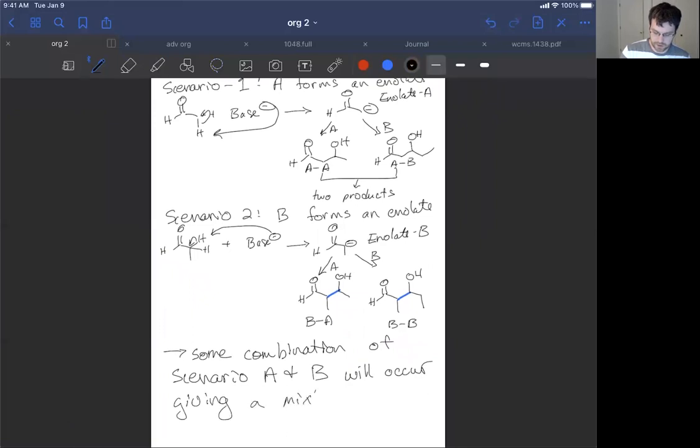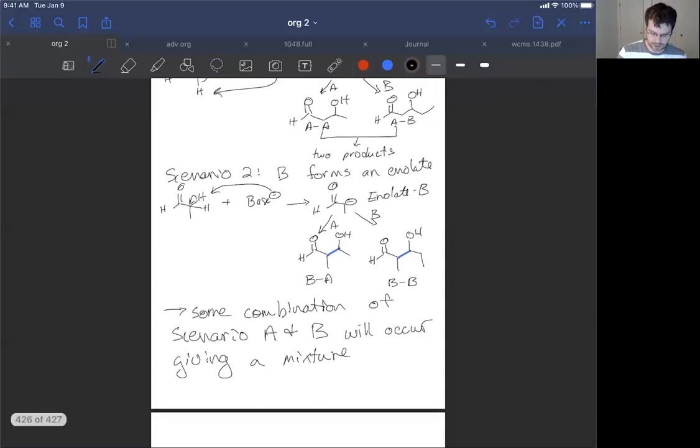What do we have a mixture of? It'll be sort of statistical, but also substituent dependent, depending on how acidic things are. Hard to predict unless you actually go in the lab. You're going to have some mixture of AB, BA, and BB.